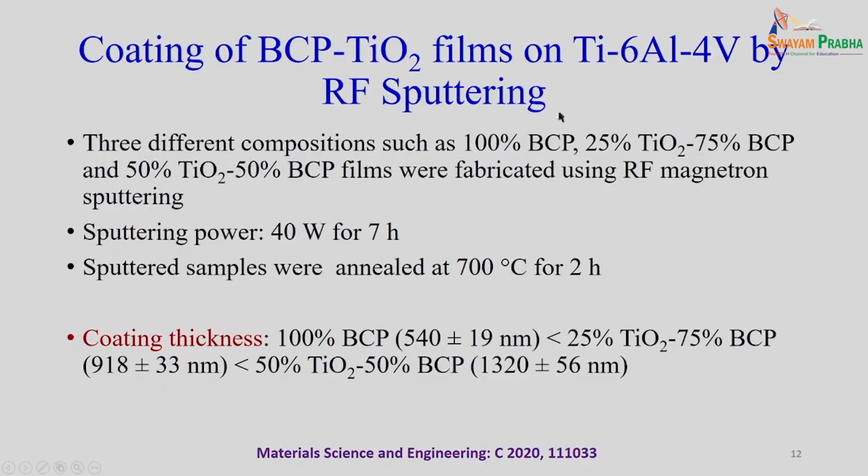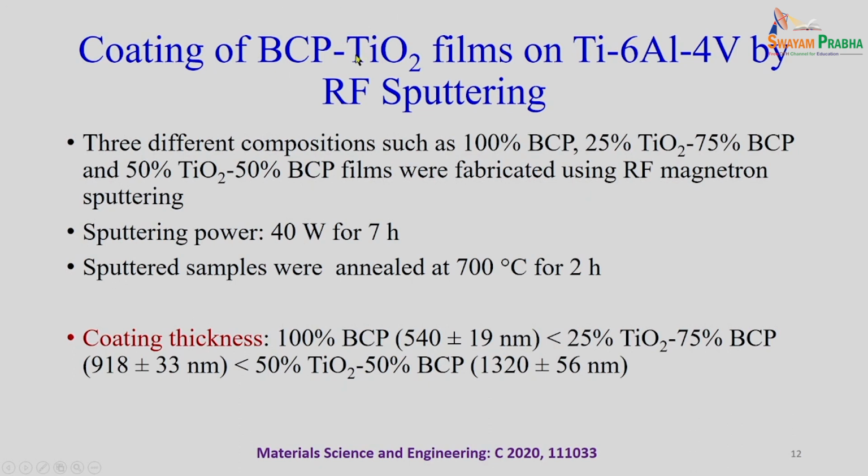Now, the next method we have tried: let us coat biphasic calcium phosphate and titania on a titanium substrate, again using RF sputtering, because in the last one we coated the calcium phosphate and titanium mixture using sputtering.